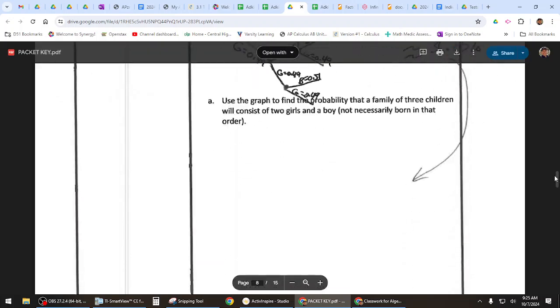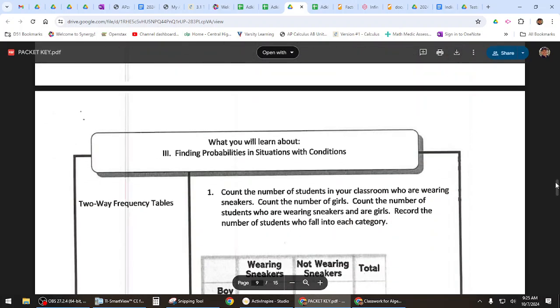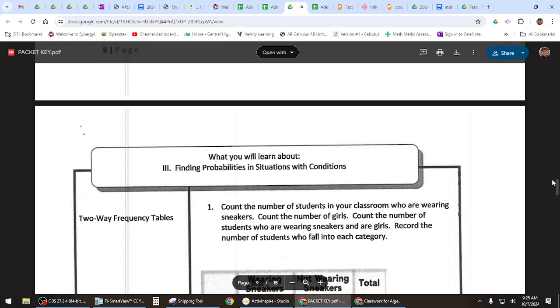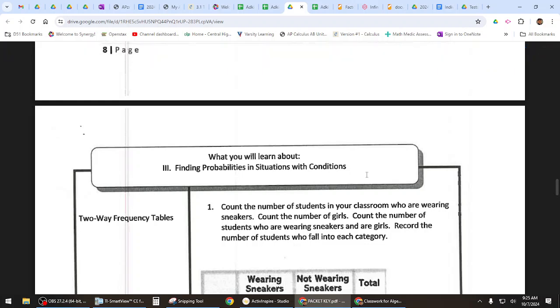What if things are not independent? So we say it with conditions, meaning I already know something about the scenario, so that probably affects the probability.